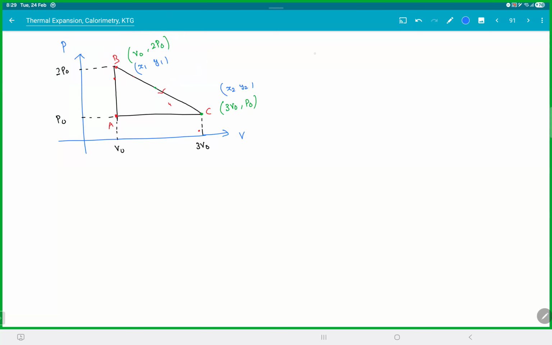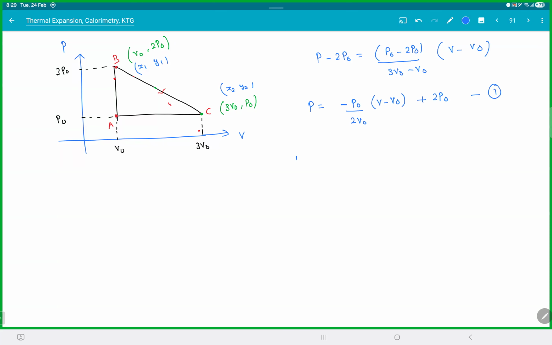So P minus 2P naught is equal to y2 minus y1, that is P naught minus 2P naught, by x2 minus x1, that is 3V naught minus V naught, times V minus V naught. So from here we will get P equals minus P naught by 2V naught, times V minus V naught, plus 2P naught. This is your one equation.